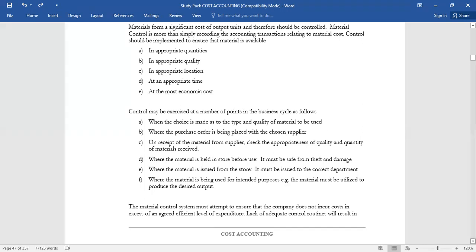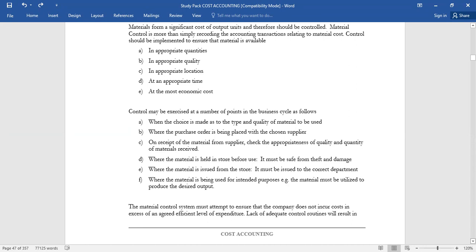So where the material is held in store, it must be safe from theft and damage. At times we bulk materials in store, but if the necessary measures are not taken, we might end up losing on the storage.